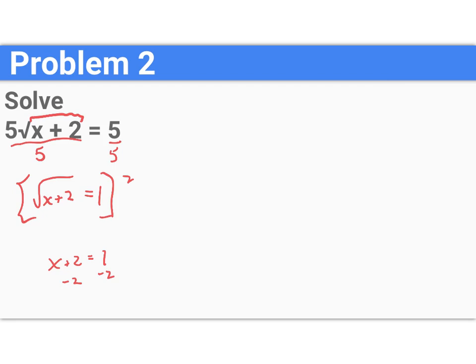Minus 2 from both sides. x equals negative 1. So x can be a negative number, but the square root of whatever the left side is cannot equal a negative. So how do we know this works? Negative 1 plus 2 is positive 1. So the square root of positive 1 is 1. So 5 equals 5.